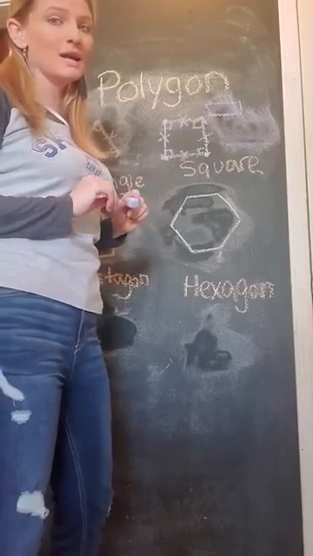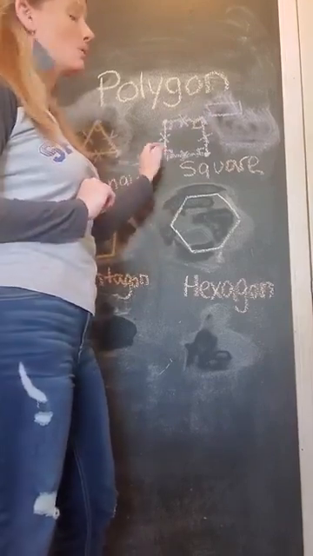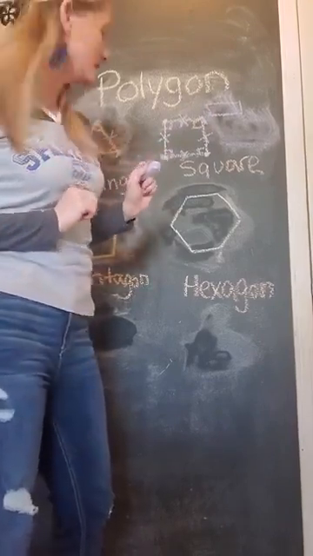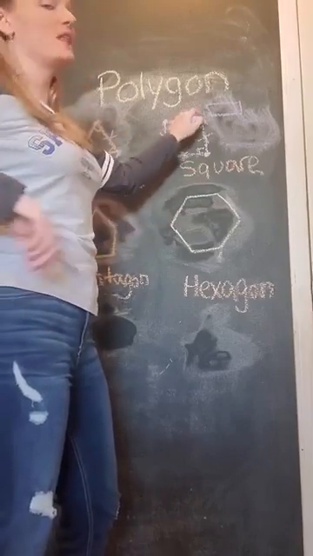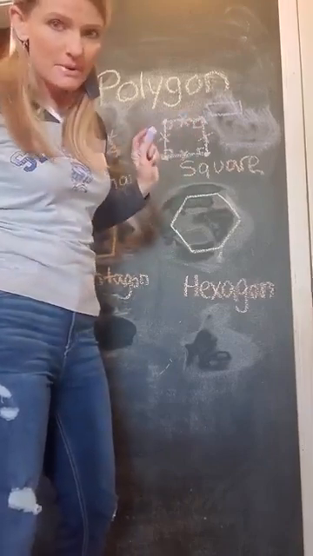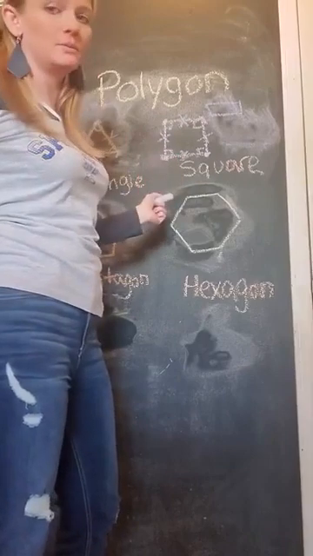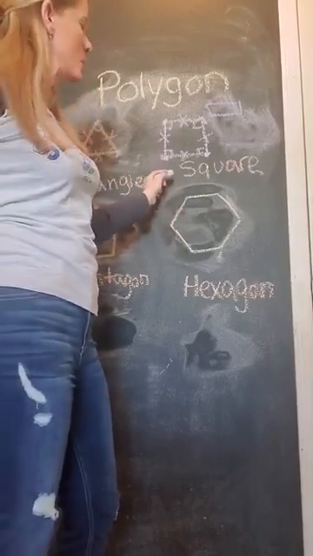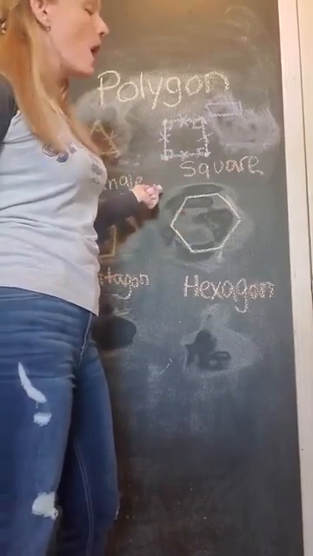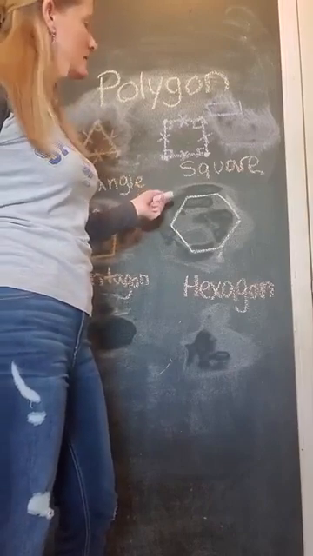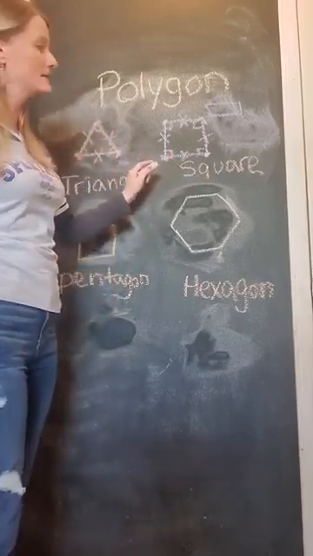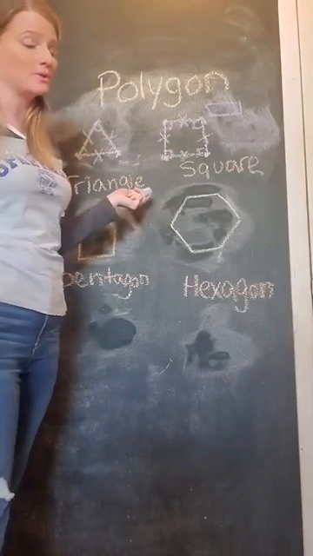You guys were having a lot of fun trying to say that word when we were working on it in math. If it had 4 sides, does anybody remember that name? It started with a Q. It was a quadrilateral.